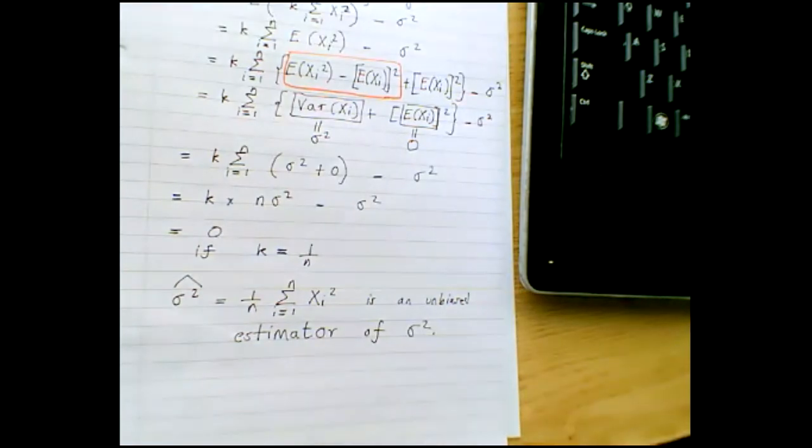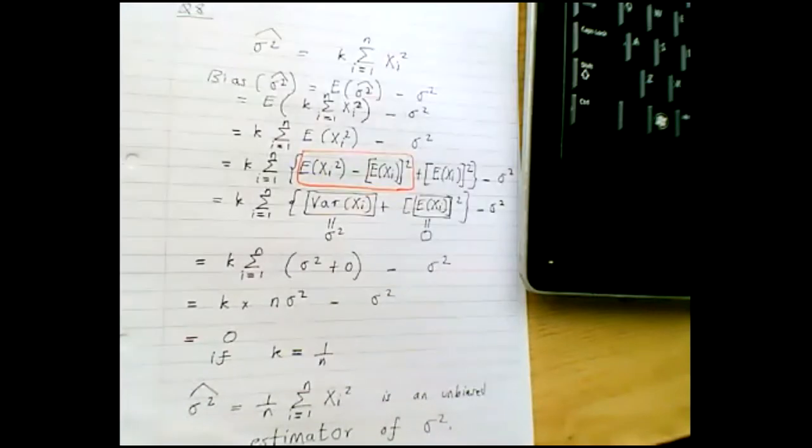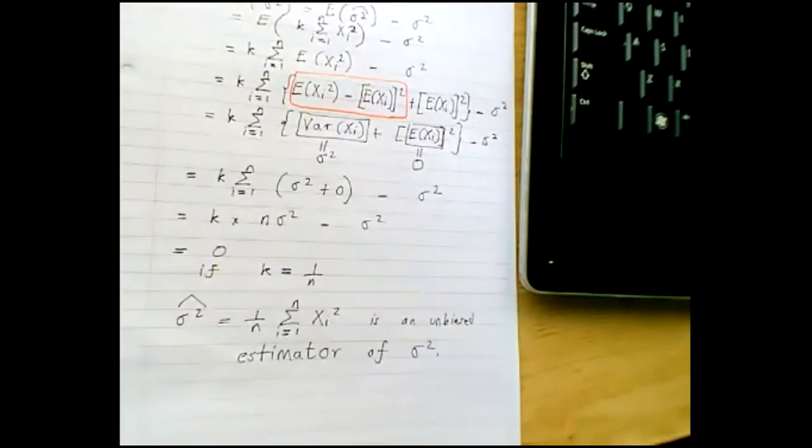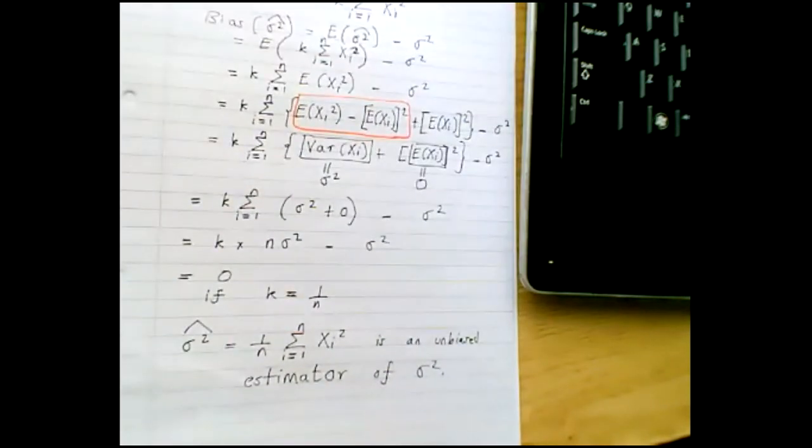Are you okay with this or no? Hello, guys, talk to me. So this is part 1 of question number 8. Is this clear to everybody? Yeah, okay, thank you.